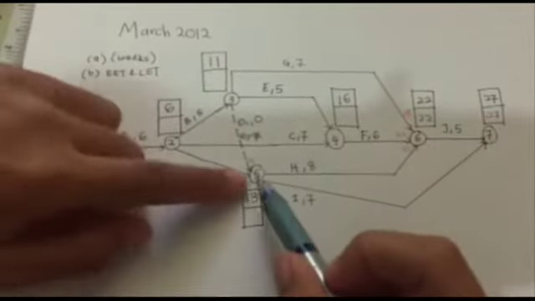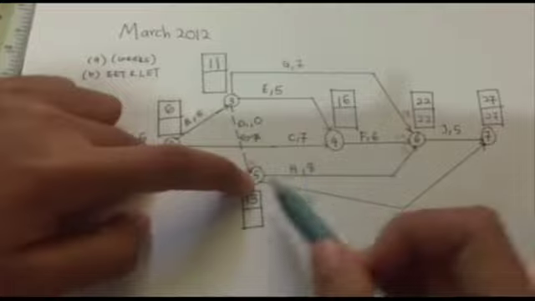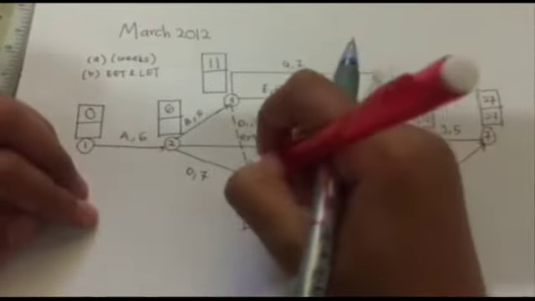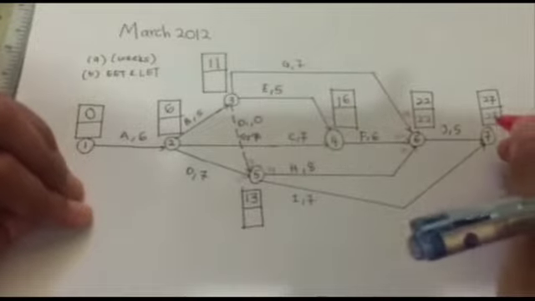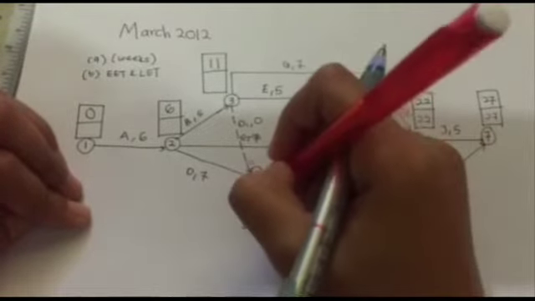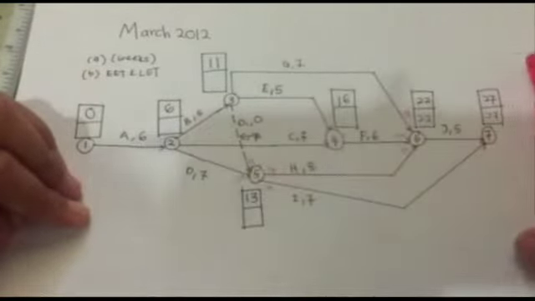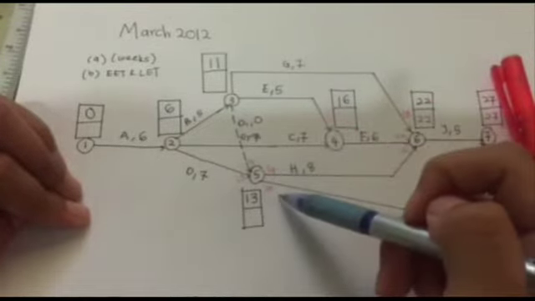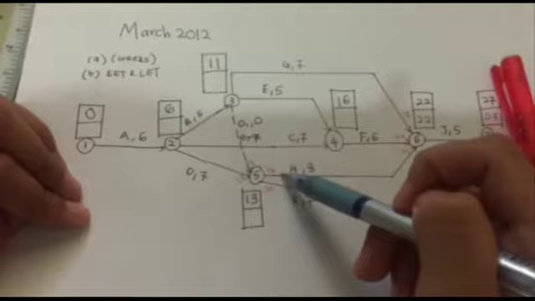Okay, for event number 5, there are 2 arrows. So 22 minus 8, you will get 14. 27 minus 7, you will get 20. For LET, we will choose the lowest number. So between 14 and 20, we will choose 14 because it is the lowest.